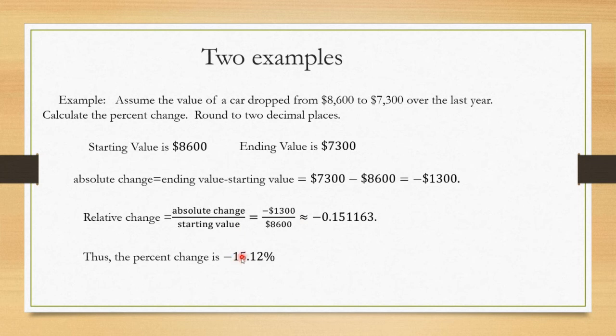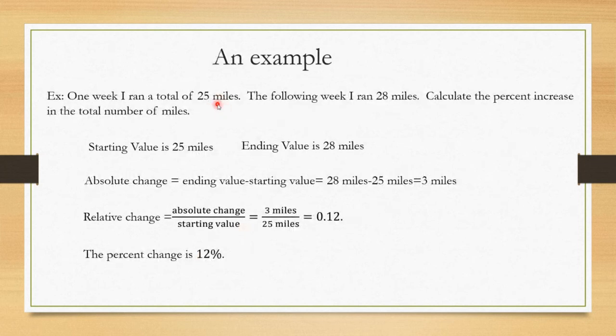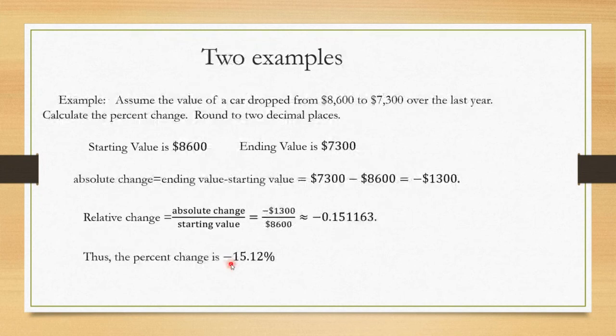That can happen, okay? It's not like over here in the previous example where the total number of miles I ran in a week increased. So our percent change was positive, whereas here it decreased, so we expect a negative value.